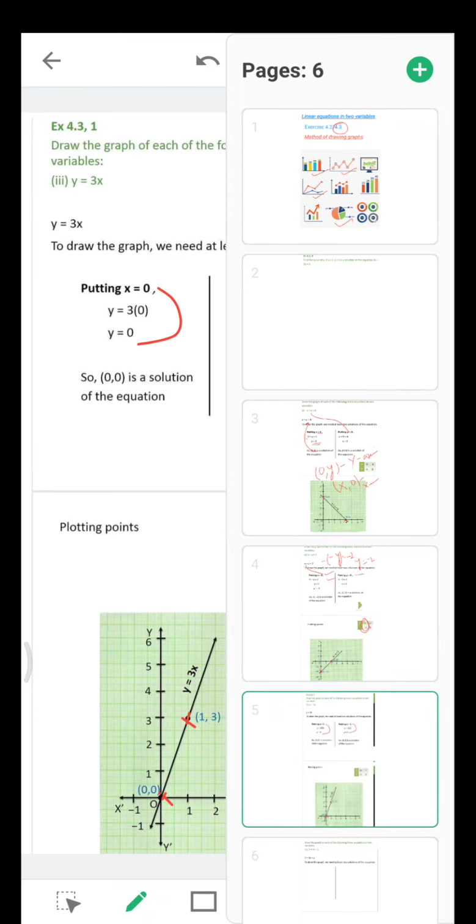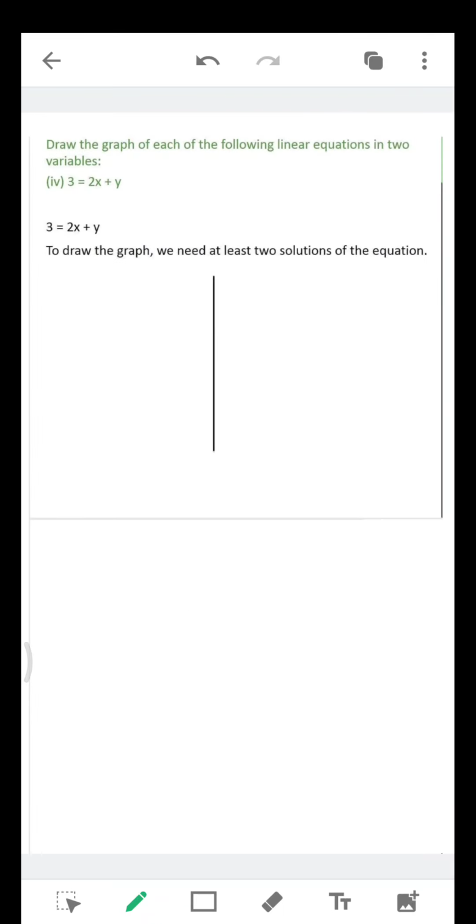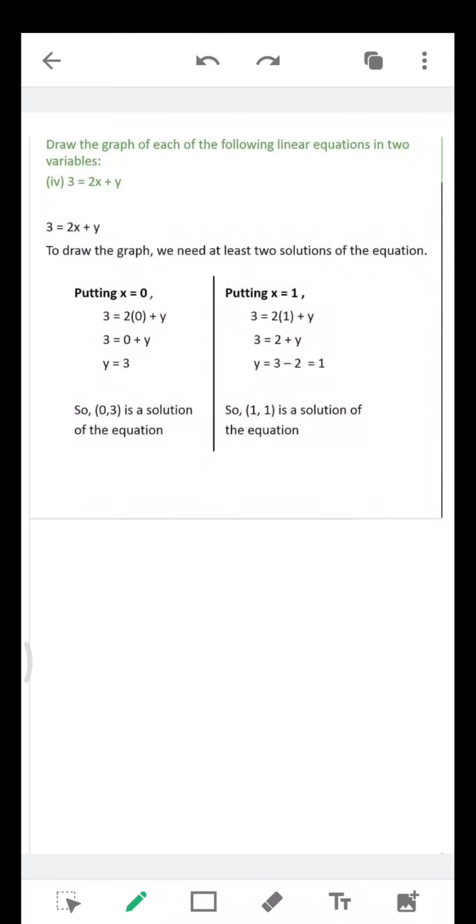Then the next question, in this question also the equation is given, 3 is equal to 2x plus y. So we'll find one solution taking x is equal to 0. We'll get y is equal to 3. You can see, substituting 0 in place of x, 2 into 0, 0, y is equal to 3. So 0, 3 is a solution. Then I'll find one more solution, putting x is equal to 1.